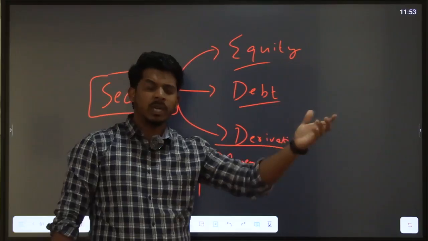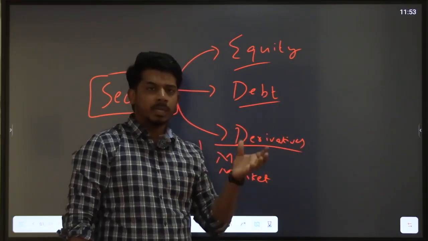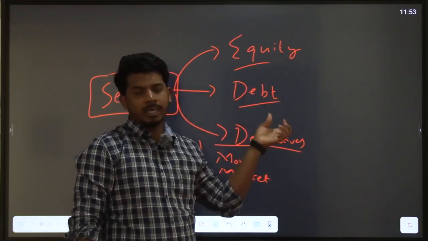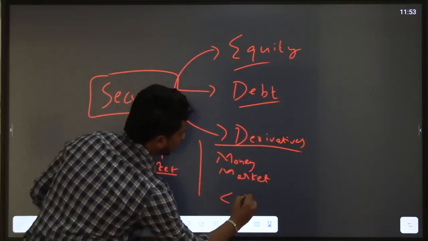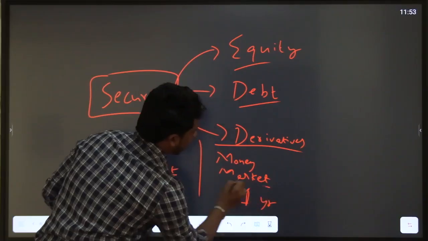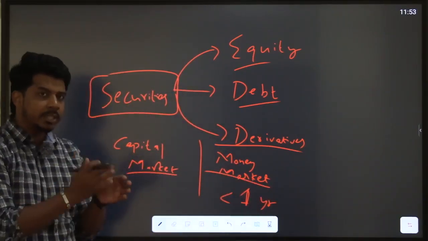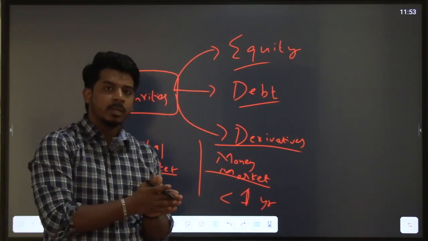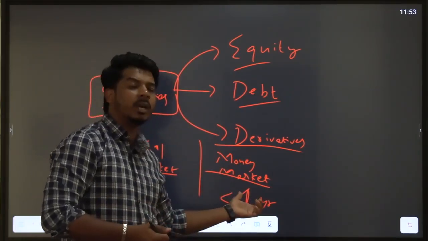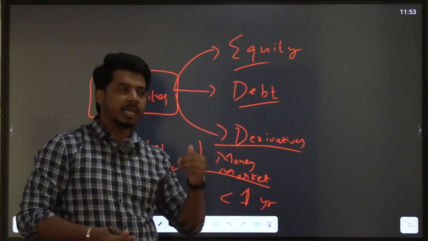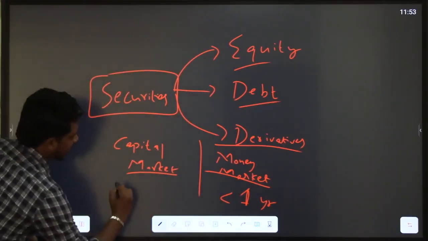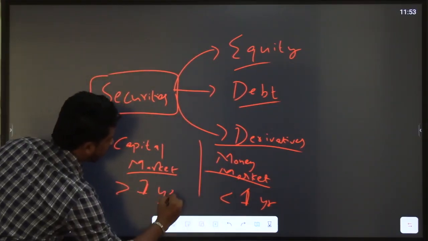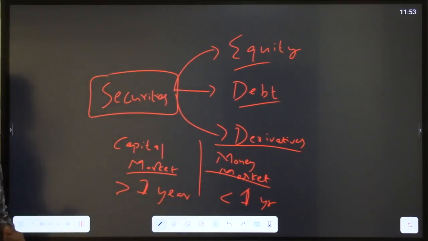I will give you a loan, what is the duration of the loan? So these are related to tenure, terms. If the time period is less than 1 year, it comes under the money market. So all the financial instruments which deal with less than 1 year are a part of the money market. Like there are treasury bills. Then all the financial instruments which are more than 1 year come under the capital market.